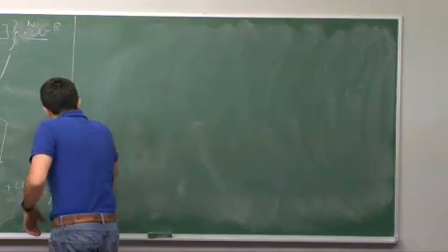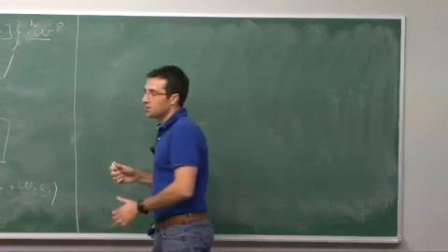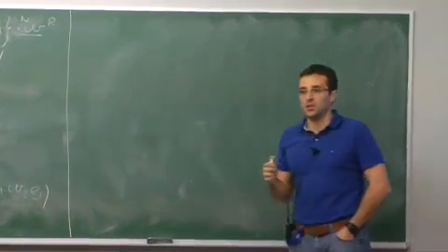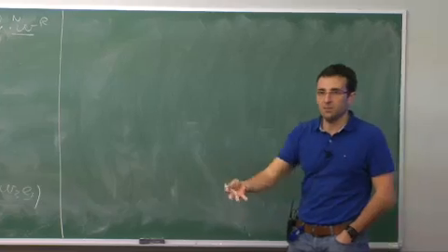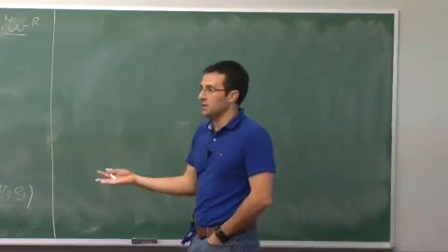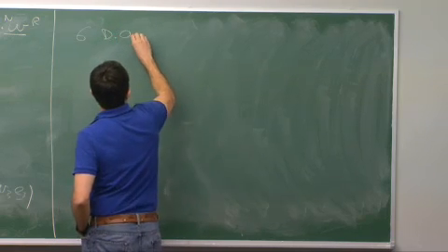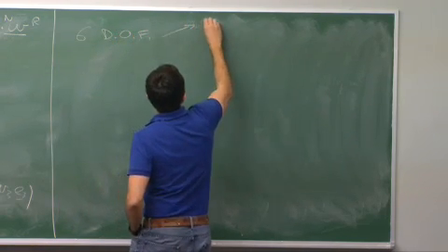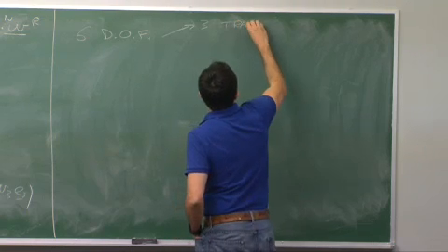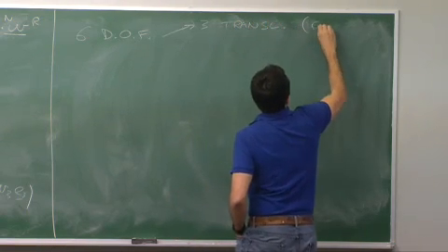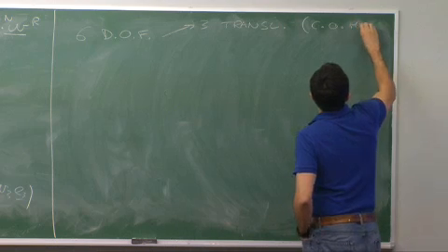We have a rigid body, and a rigid body has how many degrees of freedom, how many variables will you need in general in 3D Euclidean space to tell me where it is and how it's oriented? 6, right? 6 degrees of freedom. And we say that 3 go for translation, which is basically looking at the center of mass.